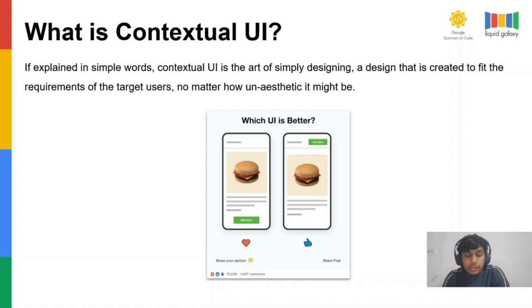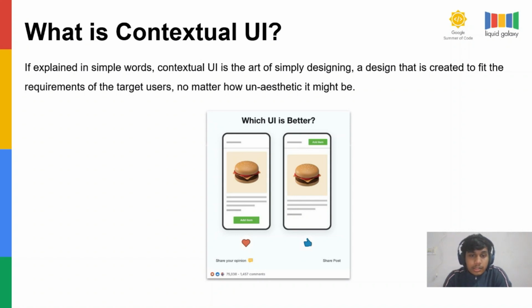So you can look below, there is a really good example of how context awareness really affects us. Simply changing the position of something as simple as an add item button, you can see there's a visible change in the UI, and that drastically changes the user experience.